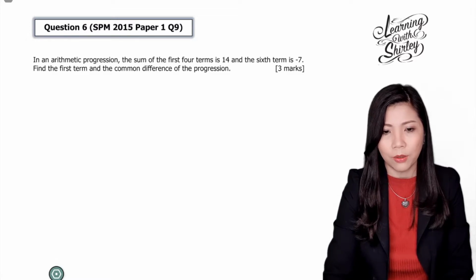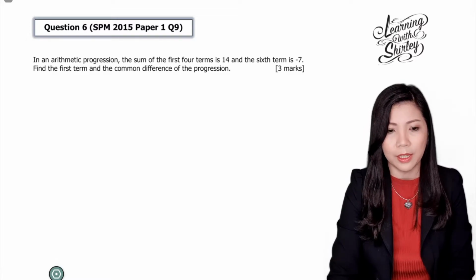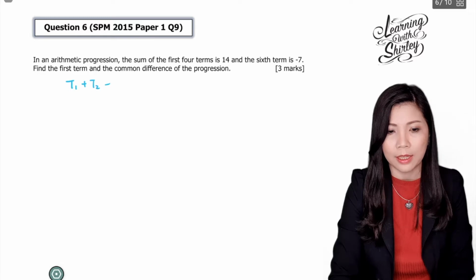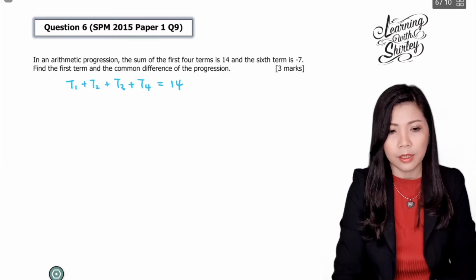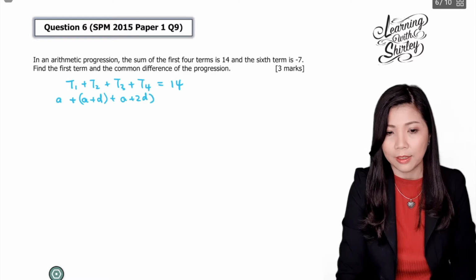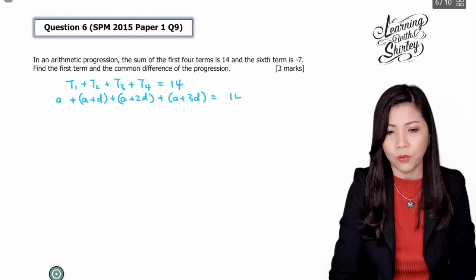So the sum of the first 4 terms means T1 plus T2 plus T3 plus T4 is equal to 14. T1 is a, T2 is a plus d, T3 is a plus 2d, and T4 is a plus 3d, equal to 14.